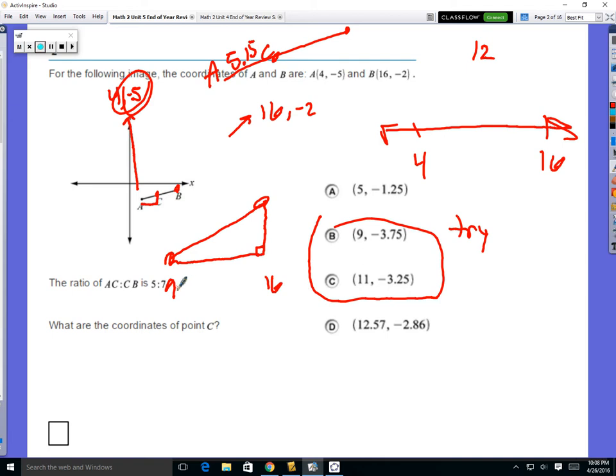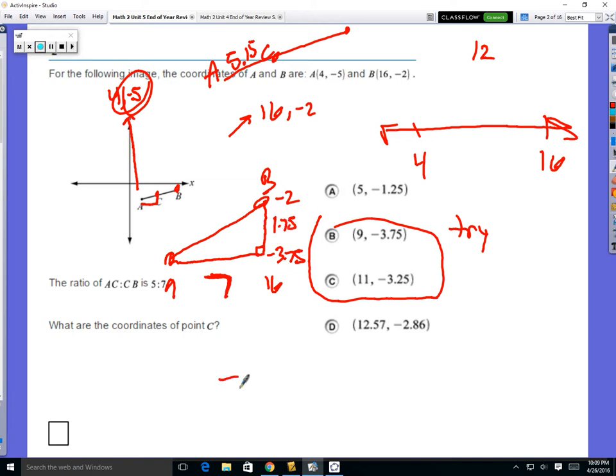So the distance between 9 and 16 is 7. And let's find the vertical distance. C was down here at minus 3.75, and B was at minus 2. The distance between minus 2 and minus 3.75 is 1.75.